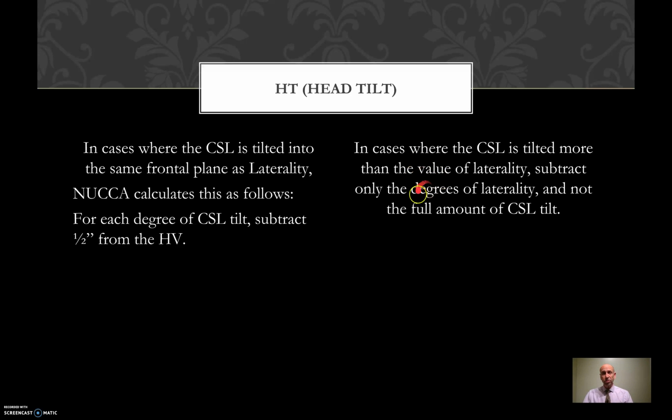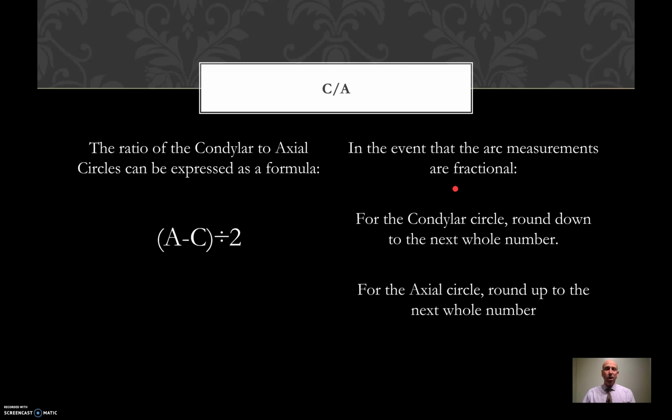So in that case, you would still only subtract the amount of head tilt that represents laterality. In other words, it would still only be a 3-degree calculation, which would be subtracting 1.5 inches from that value. Gotta hope that's clear.